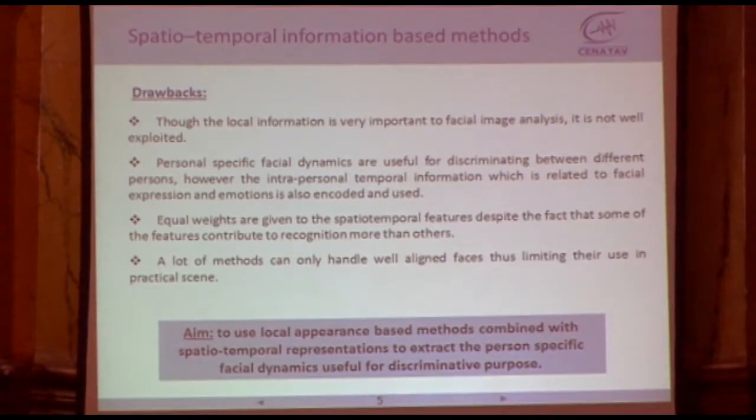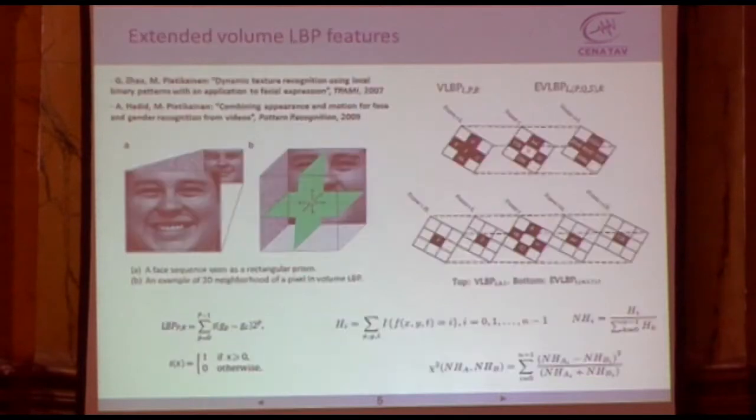So our aim was to use local appearance based methods combined with spatiotemporal representation to extract the person-specific facial dynamics. When we analyzed this, we found that one of the few methods that used this idea was the extended set of volume LBP features, which was the extension of the very well-known local binary pattern method to the case of videos.